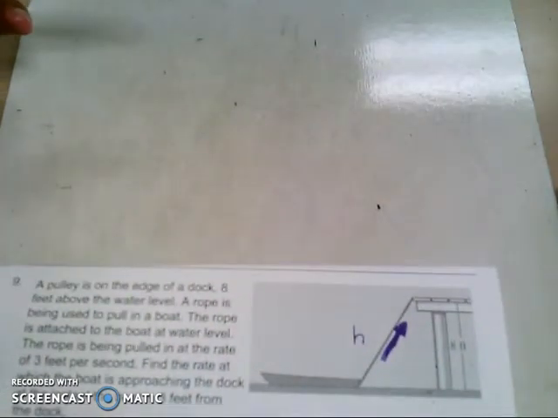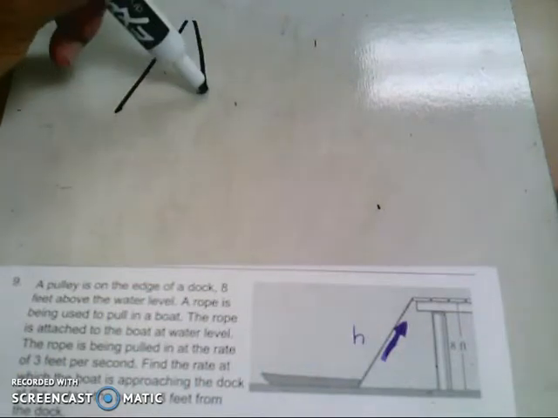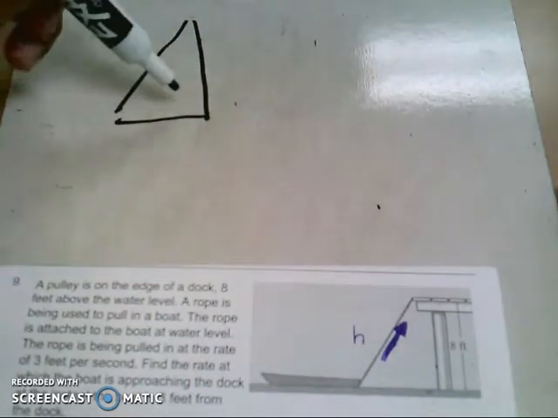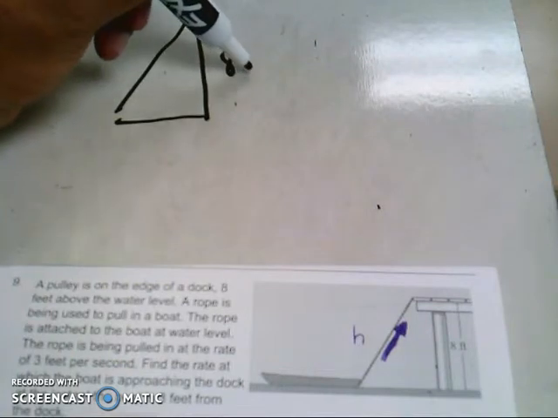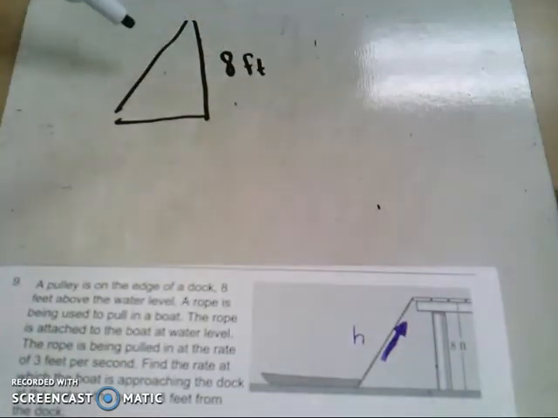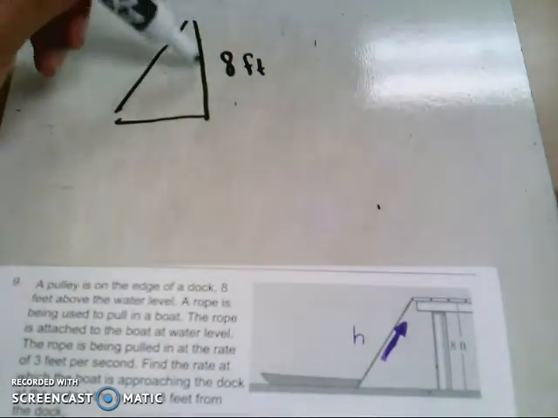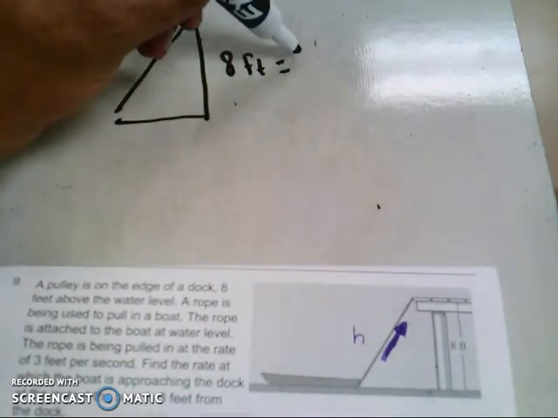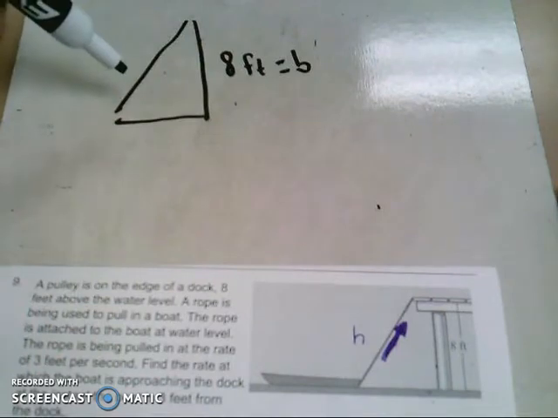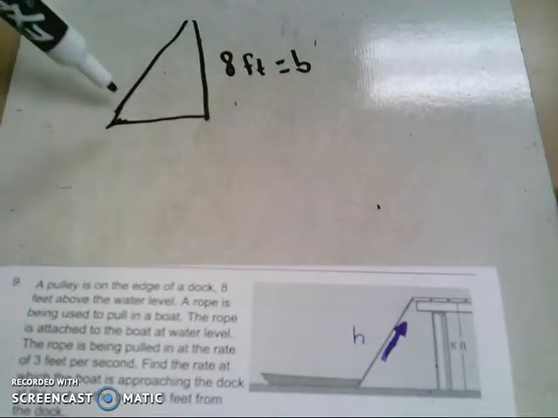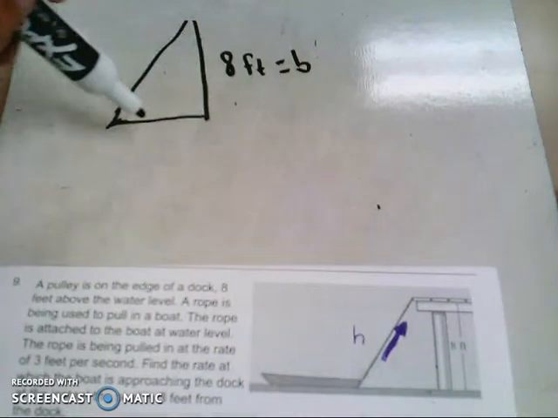So if we draw a picture to model our scenario, we have a right triangle. We know our vertical distance is our fixed value, so our vertical distance is going to be a constant in this one. So let's assign the variable b to this vertical distance, and we want it when this distance is 3 feet.